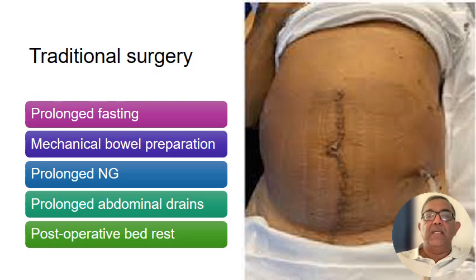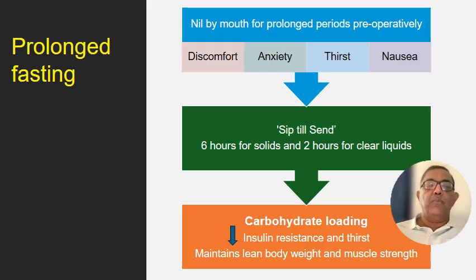Now, a few words about prolonged fasting. The nil by mouth for prolonged periods preoperatively causes discomfort, anxiety, thirst, and nausea in patients. So it's important that we should not keep our patients NPO. In fact, the sip till send approach is now more commonly practiced, which means that you take sips of clear fluid, even until the time that you're called for surgery, or at least 2 hours before you're put to sleep.